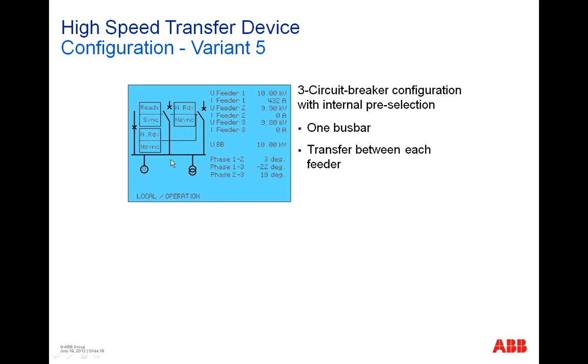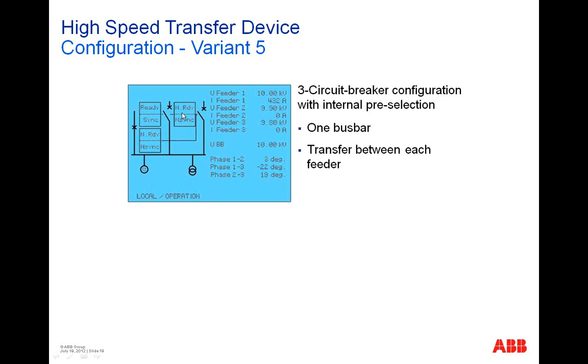So in every kind of direction, transfer will be performed always with the main aim to keep all the loads running. That means if all 3 are available and you have a problem on one feeder, then we will change over, and then if we have a problem here, we will make a changeover to here. So you can lose 2 of these 3 feeders without any problem to your connected loads.